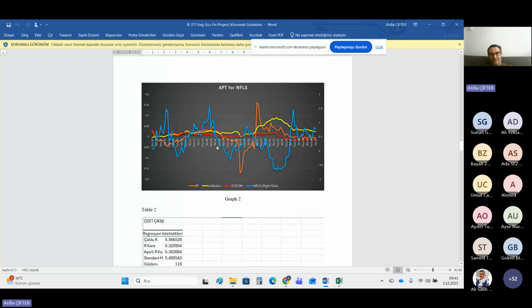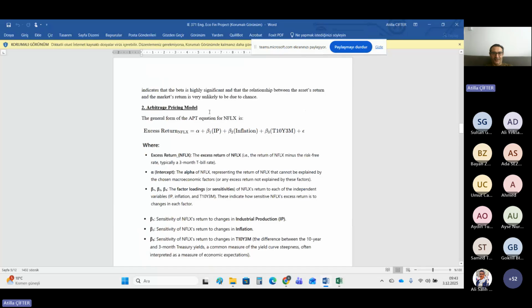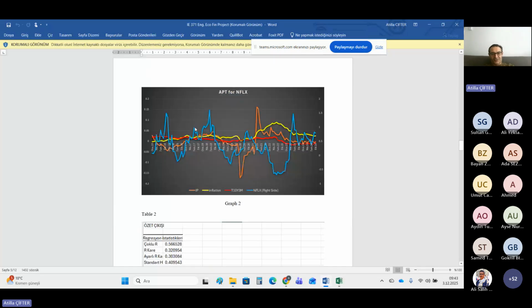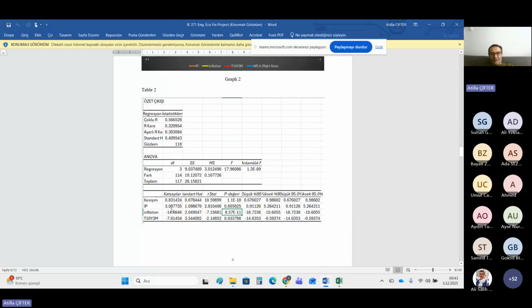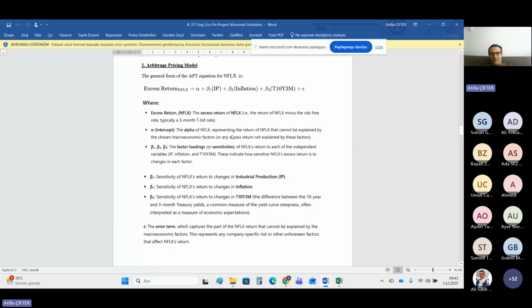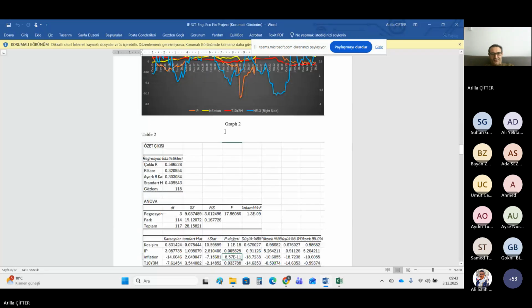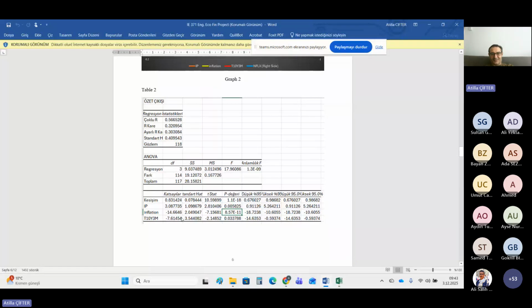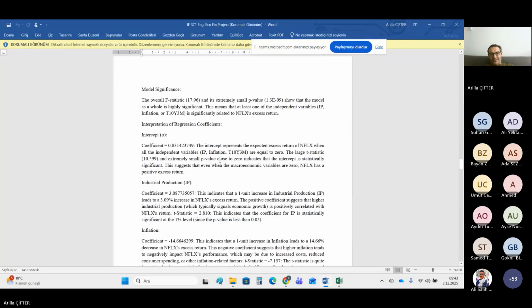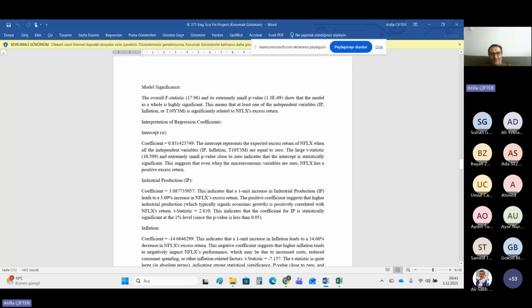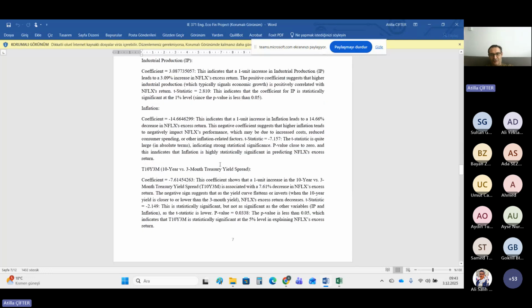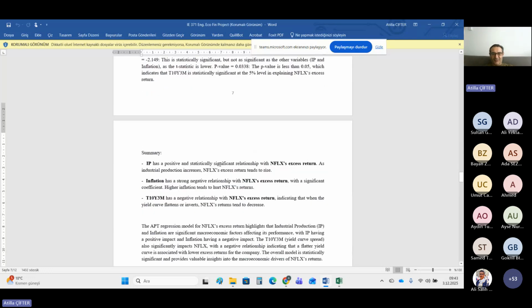Constant, 0.83. Beta 1 is here, for instance, 3.08. And beta 2 is, as you can see, minus 14.66. And beta 3 is minus 7.61. So here you can see intercept, which is alpha, first beta 1, beta 2, beta 3, all explained.